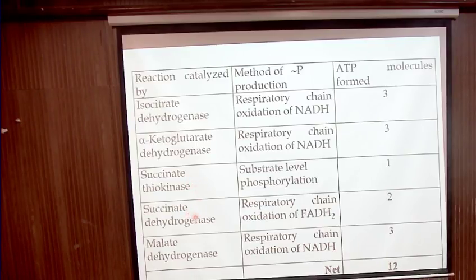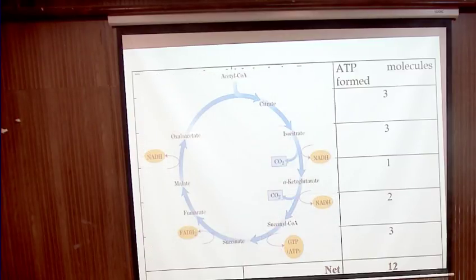Succinate dehydrogenase produced an FADH2, which earlier was considered as 2. Malate dehydrogenase, the last but one step, would produce 3 ATPs, eventually giving you 12 ATPs in one cycle. But that is no longer holding good.